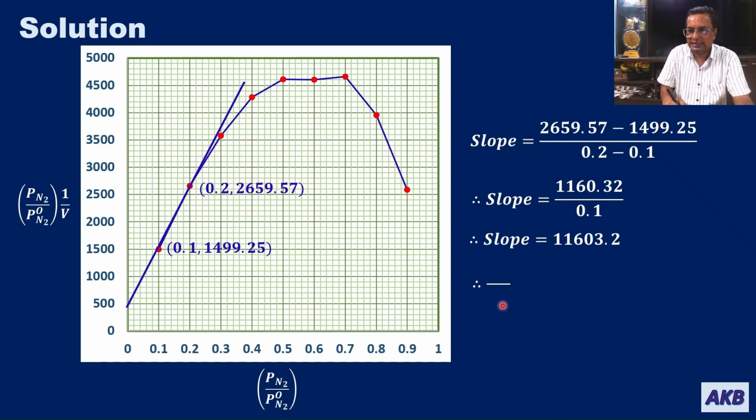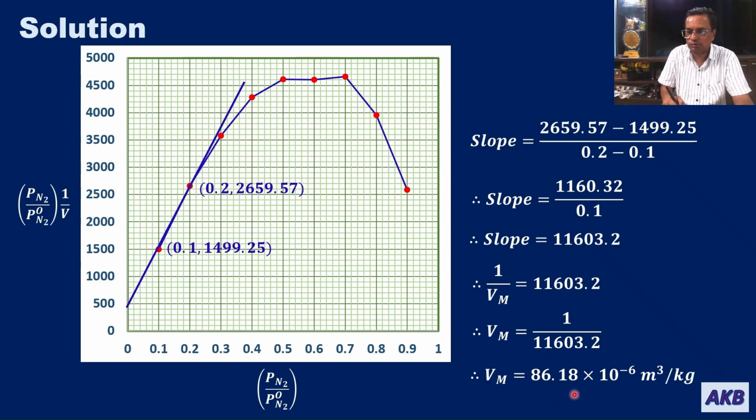That is, slope is equal to 11603.2. And slope is nothing but, as per the Langmuir equation, 1 upon Vm. So 1 upon Vm is equal to 11603.2. That is, Vm is equal to 1 upon 11603.2, that is, Vm is equal to 86.18 into 10 to the power minus 6.